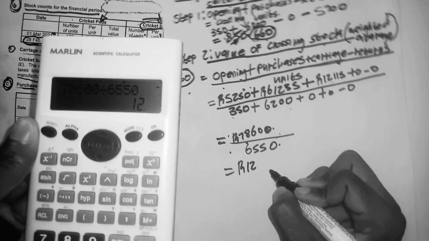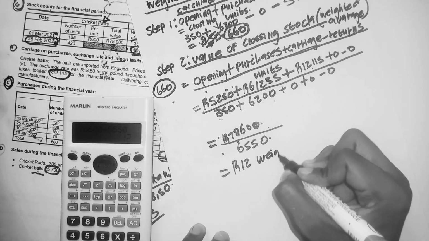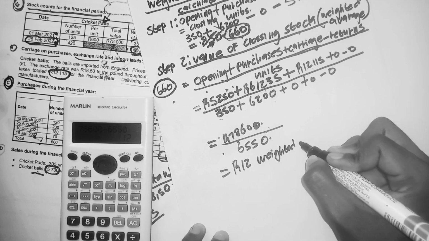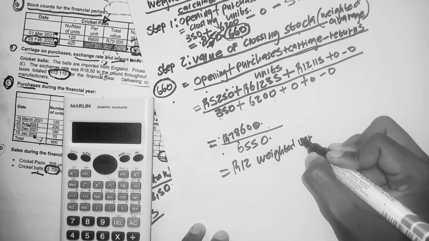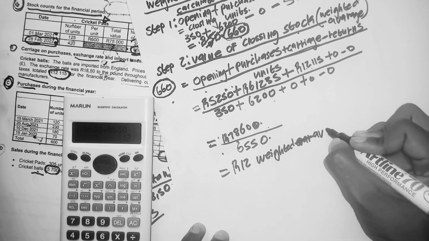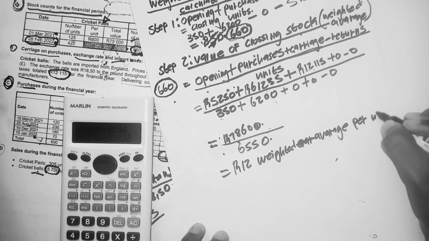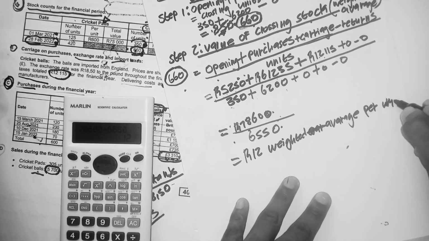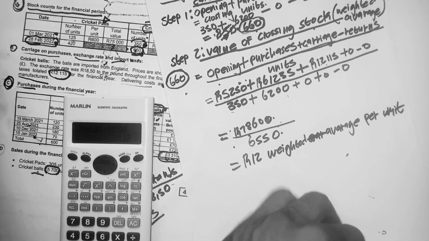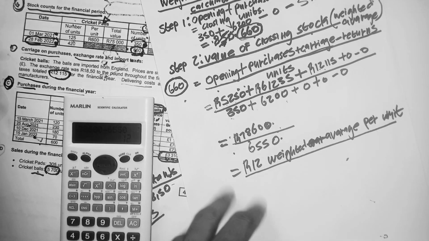This 12 rand is called the weighted average per unit. That is the weighted average per unit. You are not done.